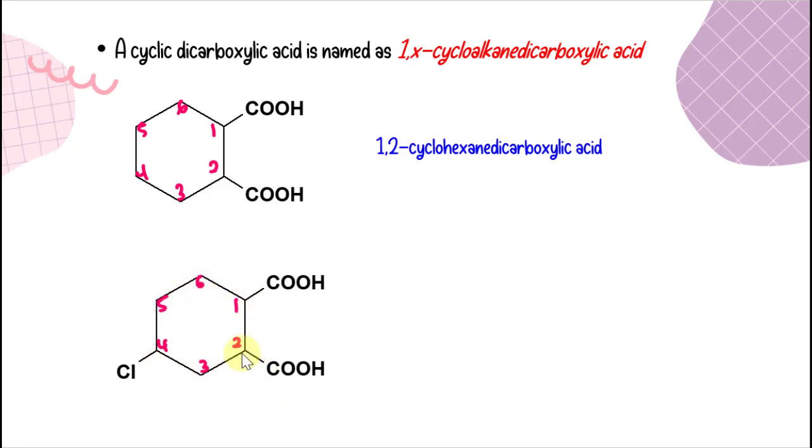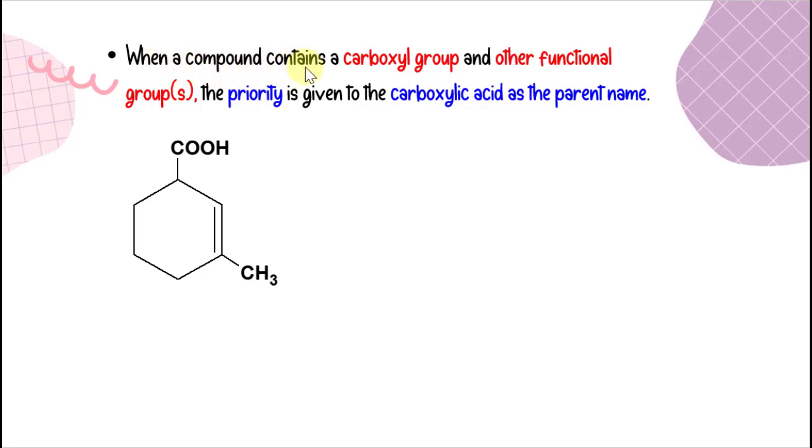We cannot place the first number on this carbon, because if we number it like that, the chlorine will fall on the fifth carbon. So 4 and 5, 4 is the lowest number, so that's why we number it like this. Then the IUPAC name for this compound is 4-chloro-1,2-cyclohexane dicarboxylic acid.